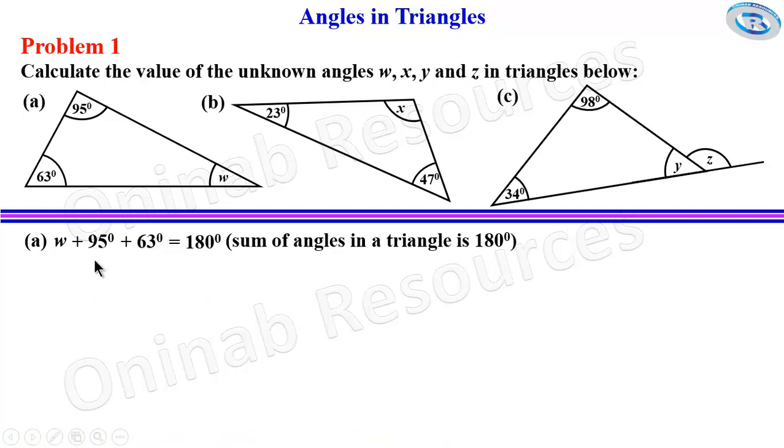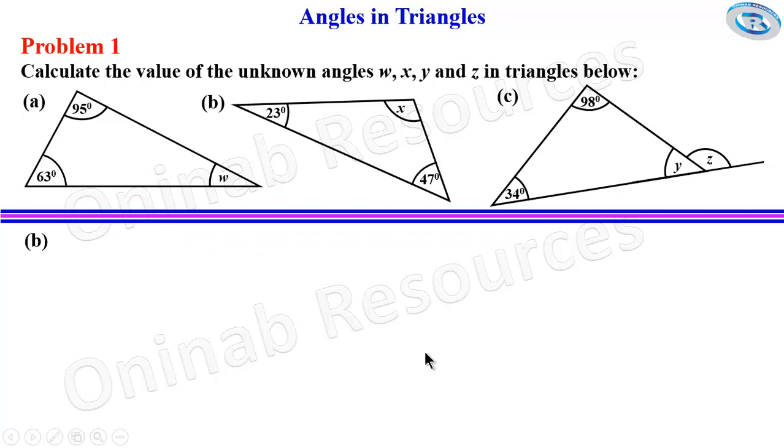So we add up this. W plus 158 degrees is equal to 180 degrees. We now take this 158 degrees to the right hand side so that we have W equal to 180 minus 158. Solving this, we have W equal to 22 degrees. So we are done with A.